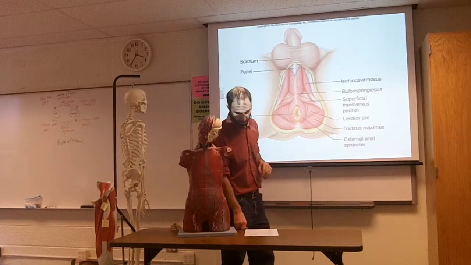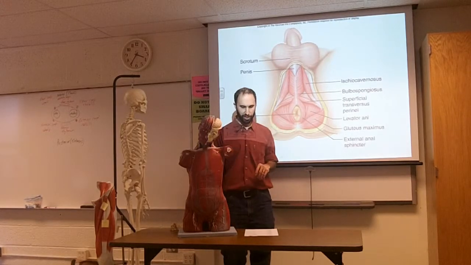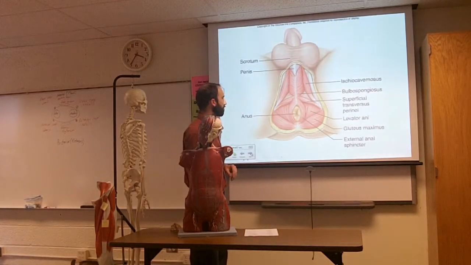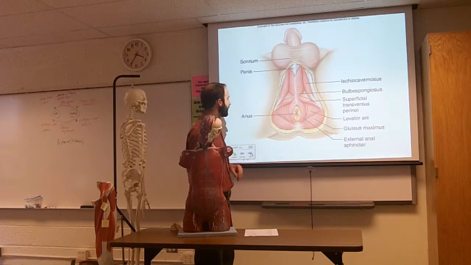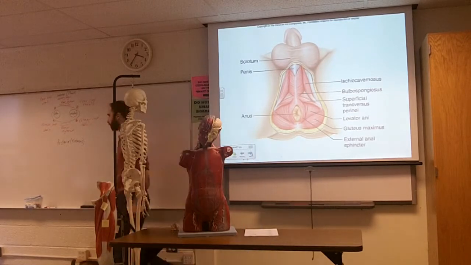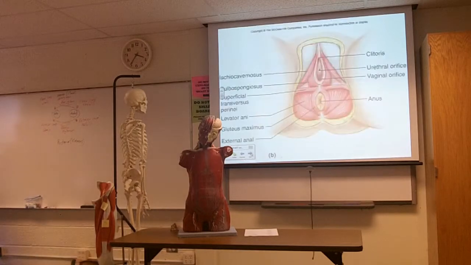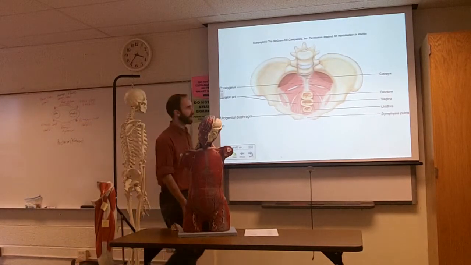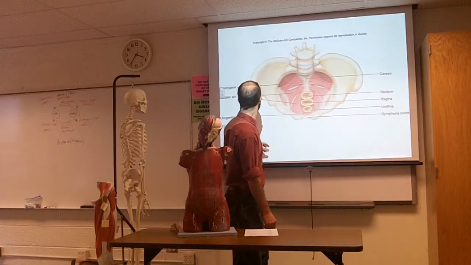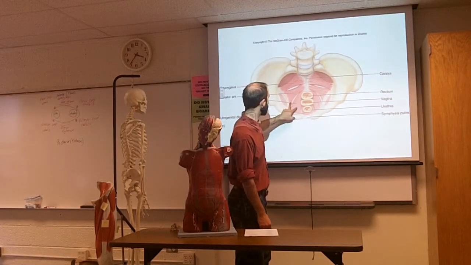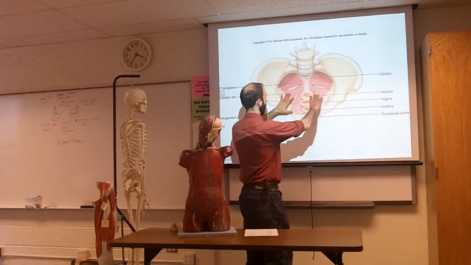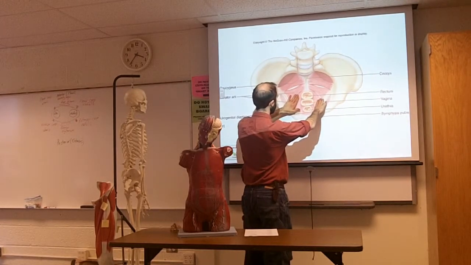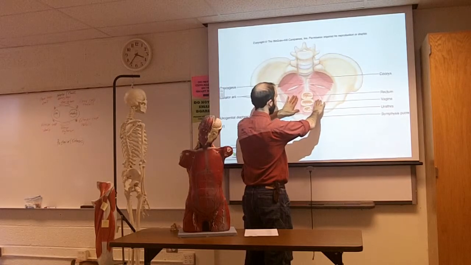It's not showing there. Let's see, coccygeus. This one's very similar. I think it's a different picture though. Same muscles, but on the female. So you can see levator ani down here, sort of forming this bowl around all your different orifices for the female in this case, but the same for the male.